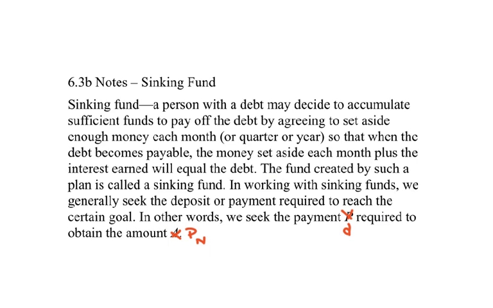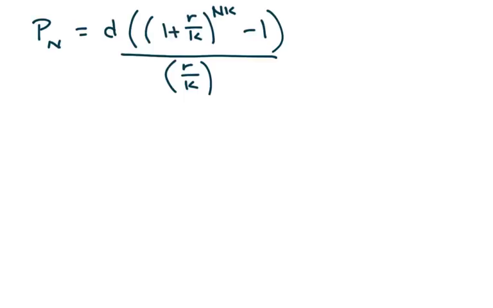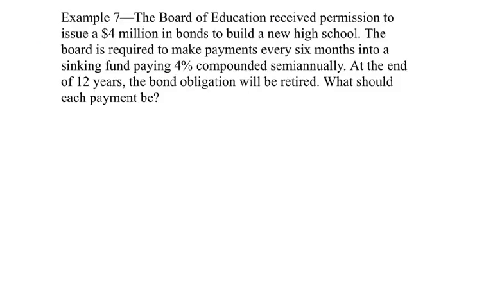And then once you get to that value that you need, you get rid of those funds by paying off that debt. So we'll be using this formula right here, the first formula, the one that was always on the left, to compute these problems.